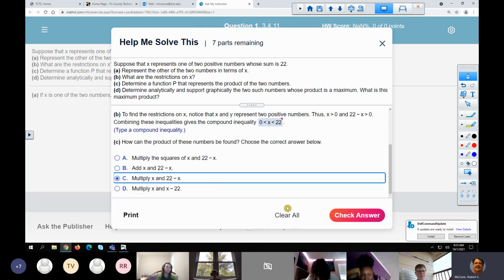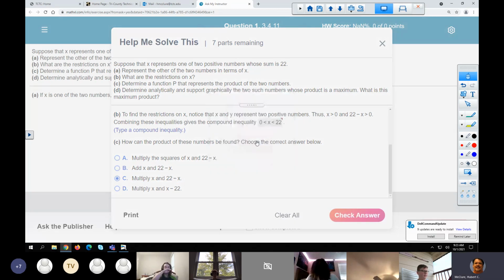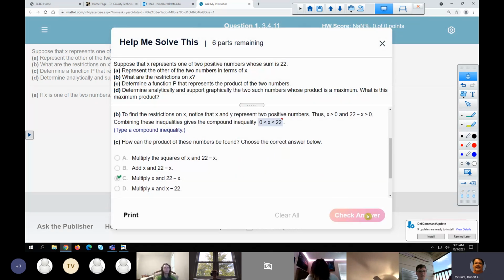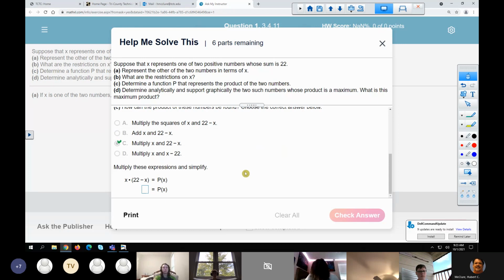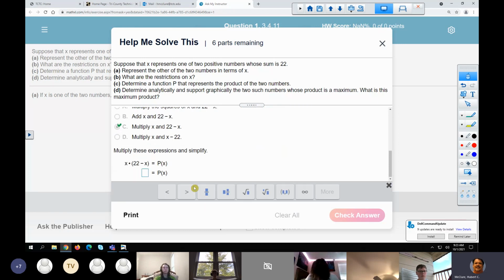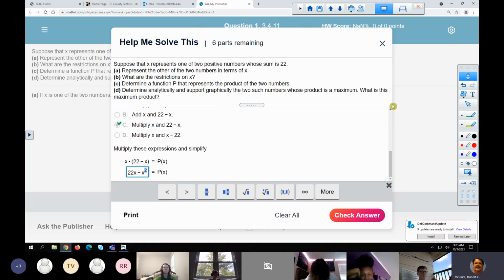There, right there, C. And there you get your quadratic. That's going to be 22x minus x squared.